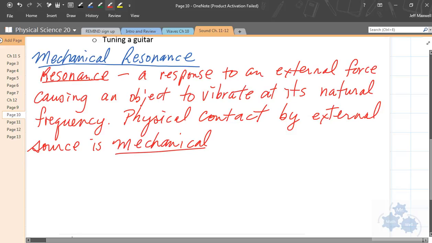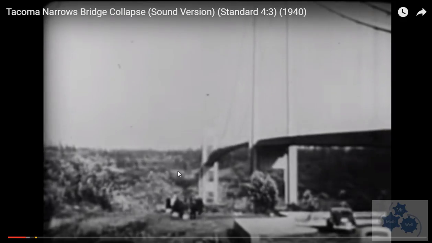I'll maybe try and find you a little clip of that. You'll see that this bridge just started to move and rock. It just snowballed, and eventually it broke. That's basically the resonance. The bridge had a natural frequency of movement, and it wasn't stabilized enough, so that movement just kept building and building.